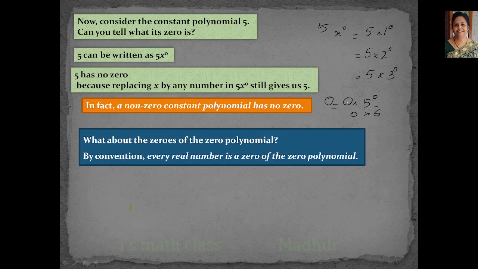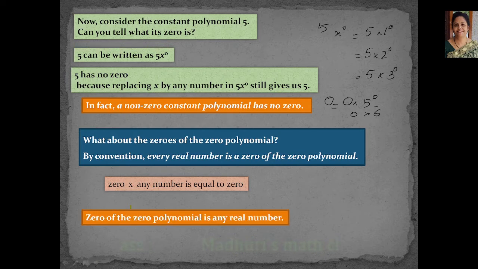Any number into 0 is equal to 0. Therefore, the zeros of the 0 polynomial is every real number. Now, 0 into any number is equal to 0. So the 0 of the 0 polynomial is any real number.